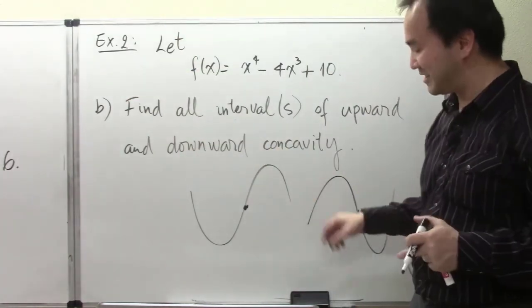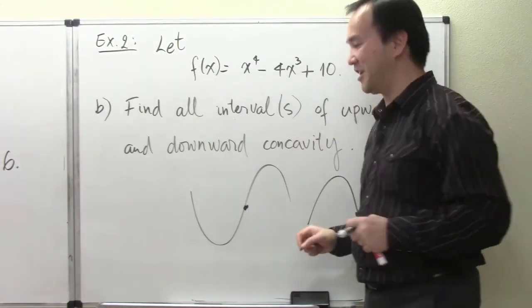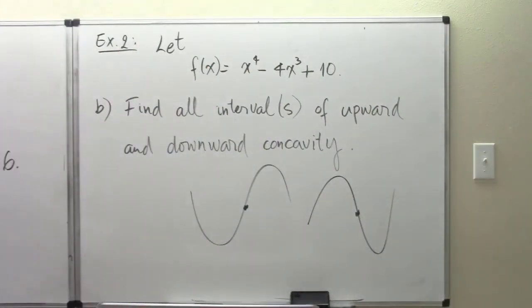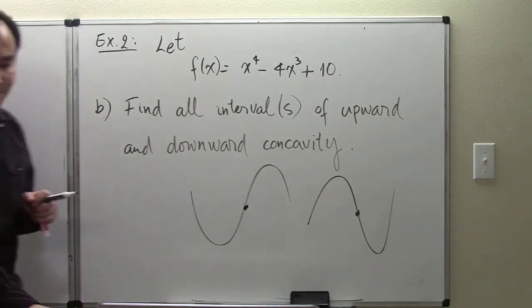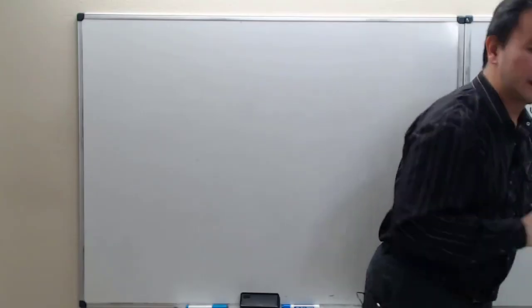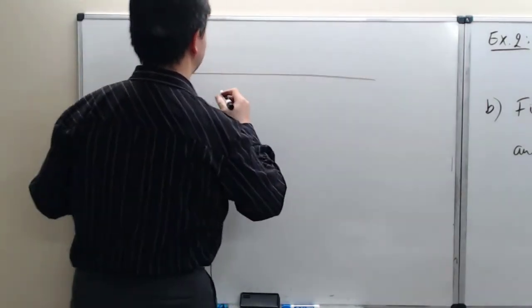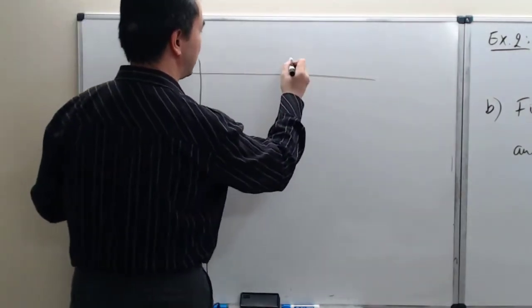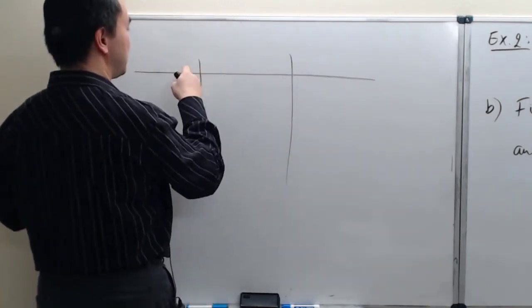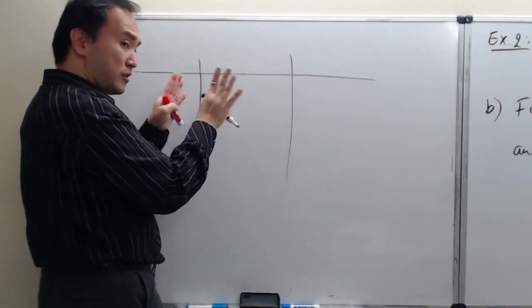And so now I am going to use the sign chart again. Here's my sign chart. Imagine we have a line of numbers. I'm going to put my two x values, not the critical values.